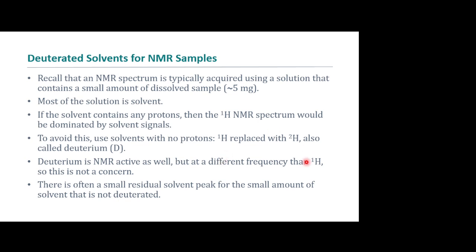Now, this is going to cause a problem, like I had mentioned before, isn't it? So if you have any acidic protons that can break off fairly easily, what do you think is going to happen to those protons if you put them in with heavy water, like deuterium? There's a very high chance they're going to get replaced, right? Okay, so you do have to watch out for that.